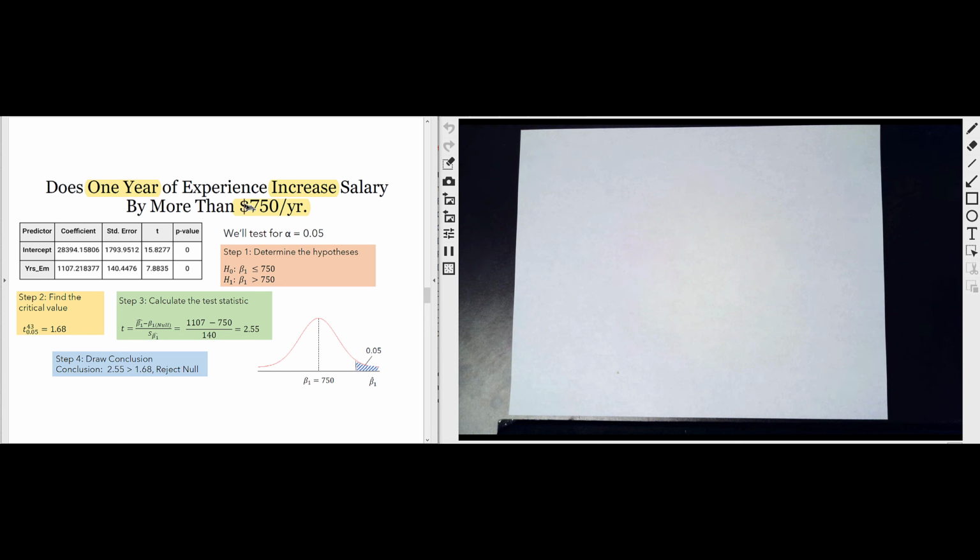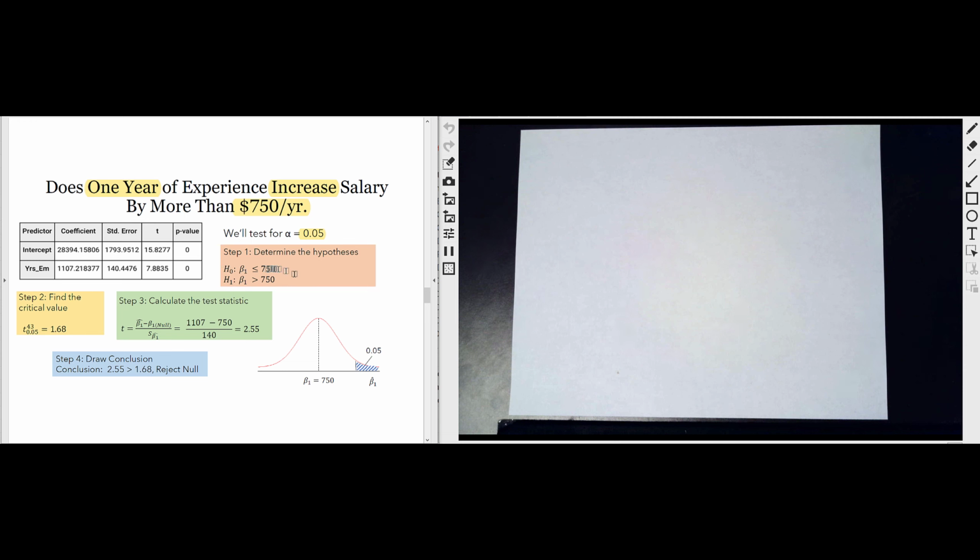And this time, our null hypothesis is that the slope is less than or equal to 750. Okay? We're going to use a less extreme alpha here. So alpha in this case is 0.05.